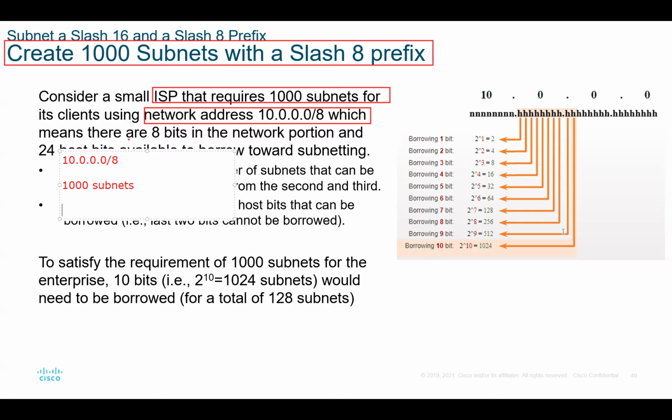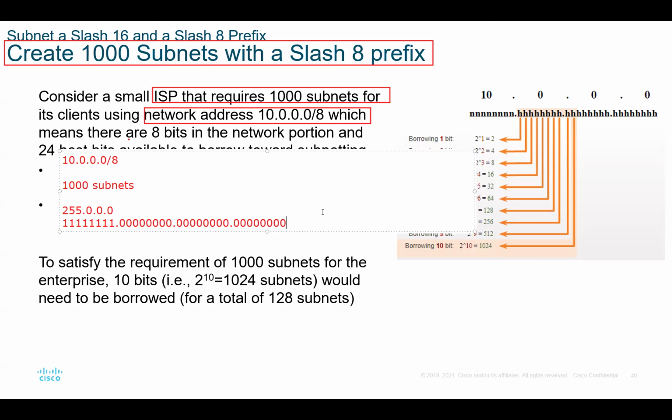Remember, if we write /8 in dotted decimal, it is 255.0.0.0. In binary, it is 1 to 8, four times. Now, if you write it in dotted decimal and in binary, this is what we get.